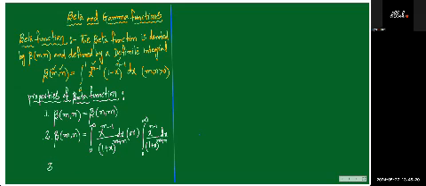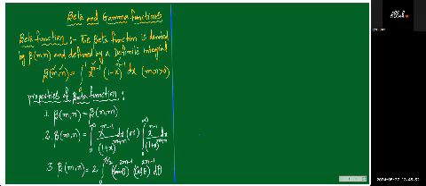Third property of beta function is beta of m comma n is equal to 2 times integral 0 to pi by 2 of sin theta whole to the power of 2m minus 1 into cos theta whole to the power of 2n minus 1 into d theta.